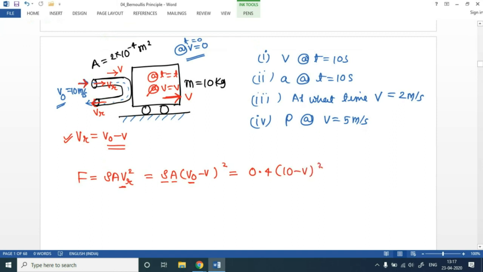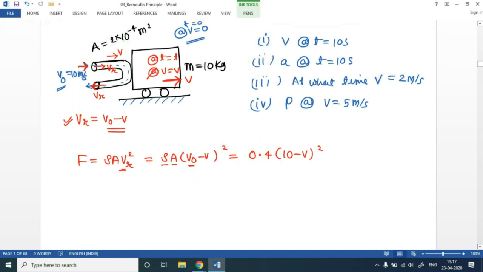And the force would be double over here, because this much force is acting in this direction and the same amount of force would be acting in this direction. Whatever rho a v r square is exerted at the entry, the same amount of force will be exerted at the exit, so 2 times, and this will give you this value. So this force we have already got.